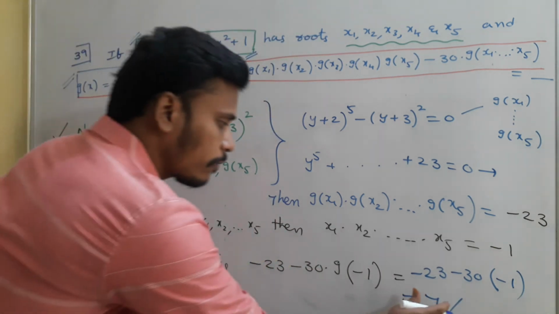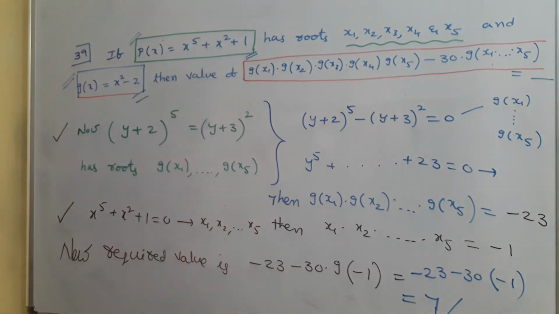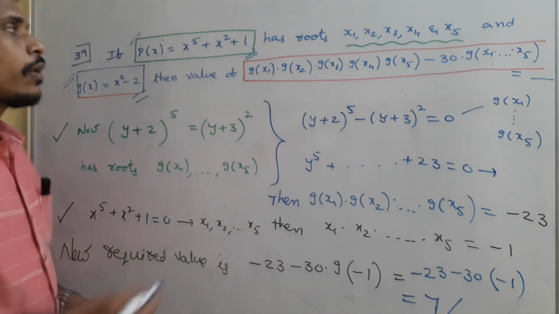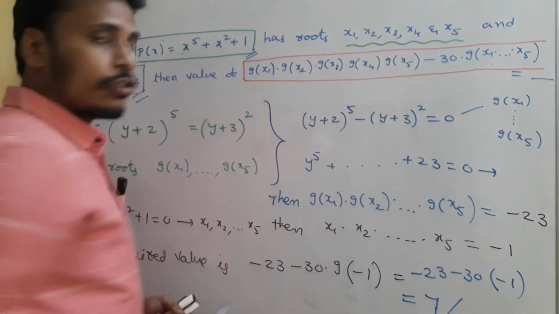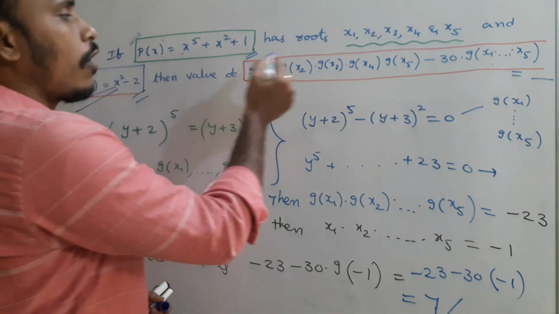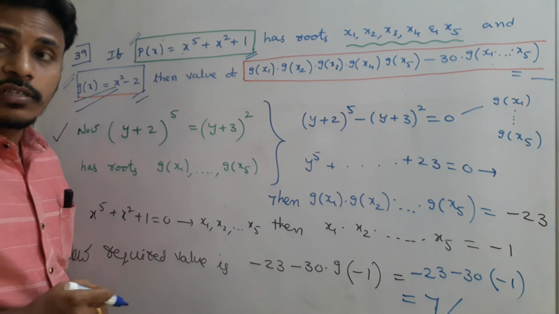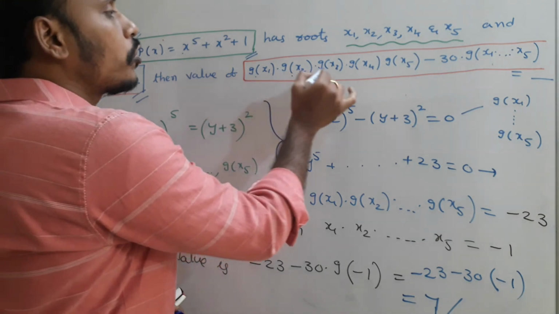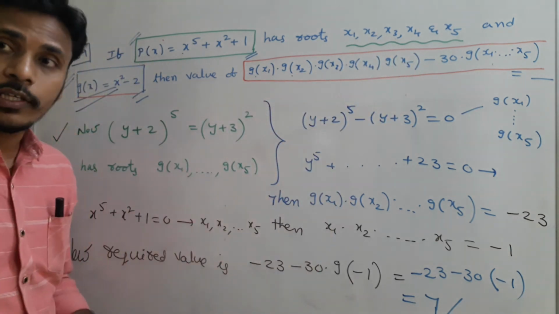You just have a look. Your answer for the problem is 7, just by using the concept related to the product of roots. Okay, very simple. The given polynomial equation has 5 roots, and another polynomial g of x is given, and we need the product of g of x1, g of x2 and so on up to g of x5.